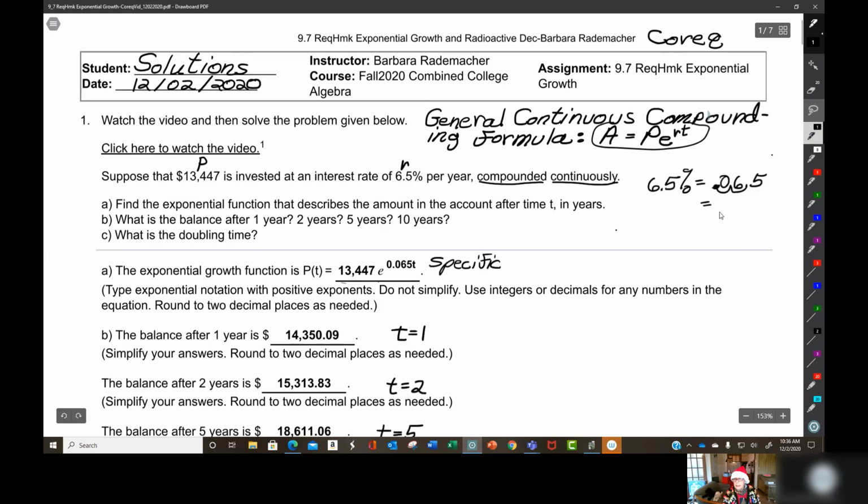So your interest rate is going to be 0.065, written as a decimal. So we put the P part, the initial amount of money, goes in here, 13,447, and then times e, which is about 2.7, raised to the 0.065 t power. And that's going to be your specific growth function for your money.